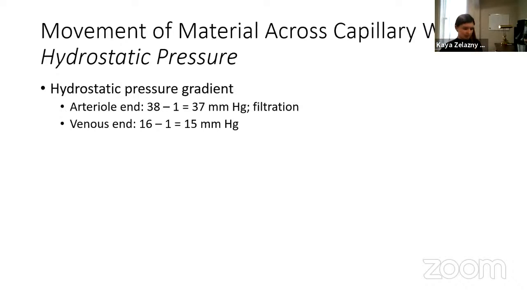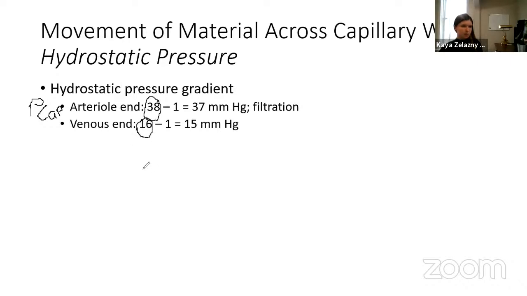Specifically, we are going to see that the hydrostatic pressure from the capillary, so P cap, changes from 38 at the arteriolar end to 16 at the venous end.